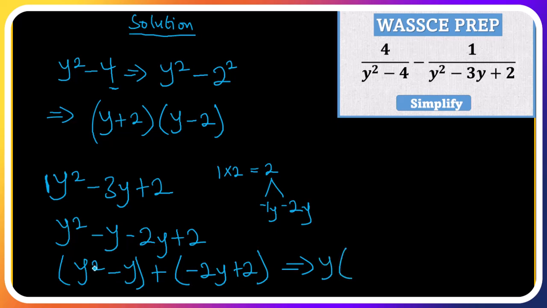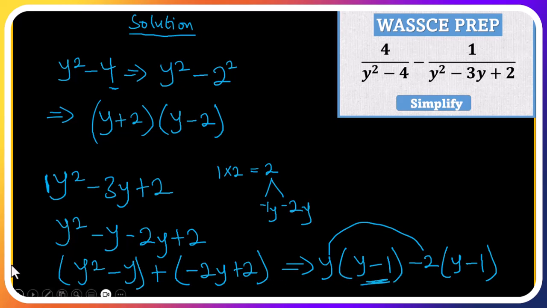Y out, y minus 1, minus 2 out, y minus 1. So we have y minus 2 as one factor and y minus 1 as the other factor.